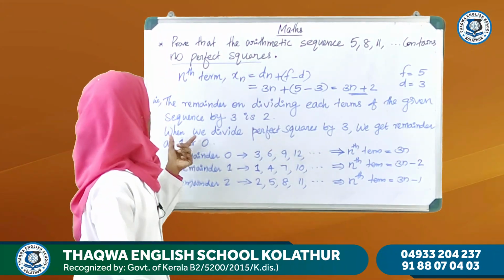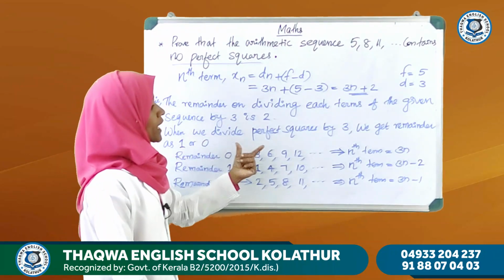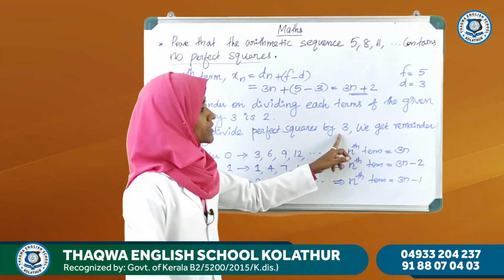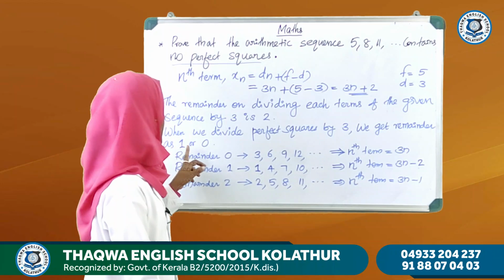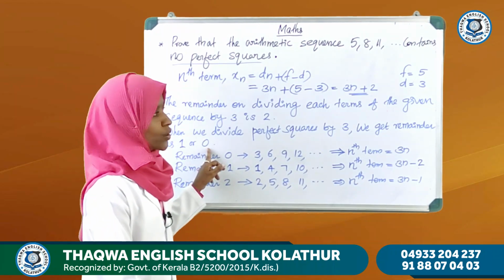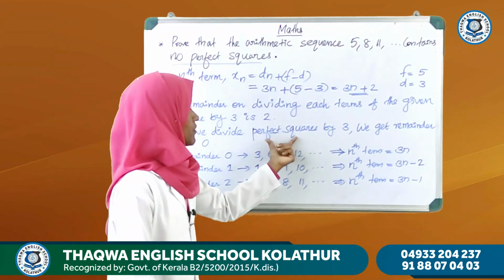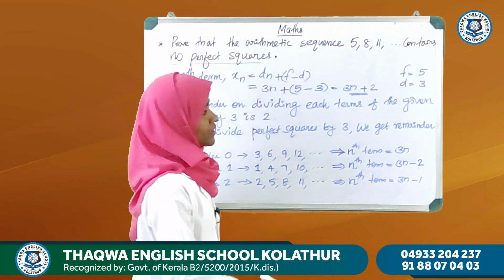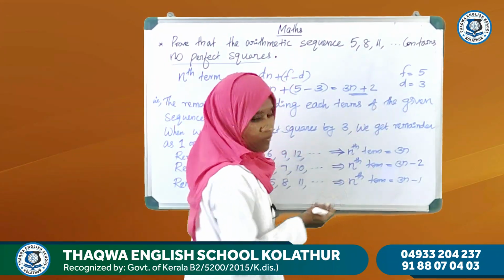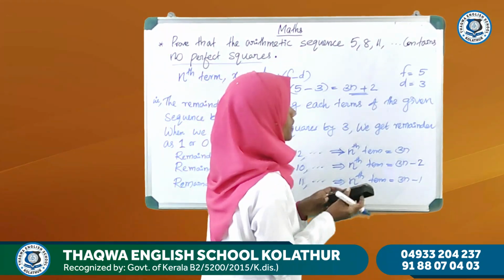Yes, then when we divide perfect squares by 3, we get remainder as 1 or 0. Okay, which are the perfect squares? Can you say perfect squares?